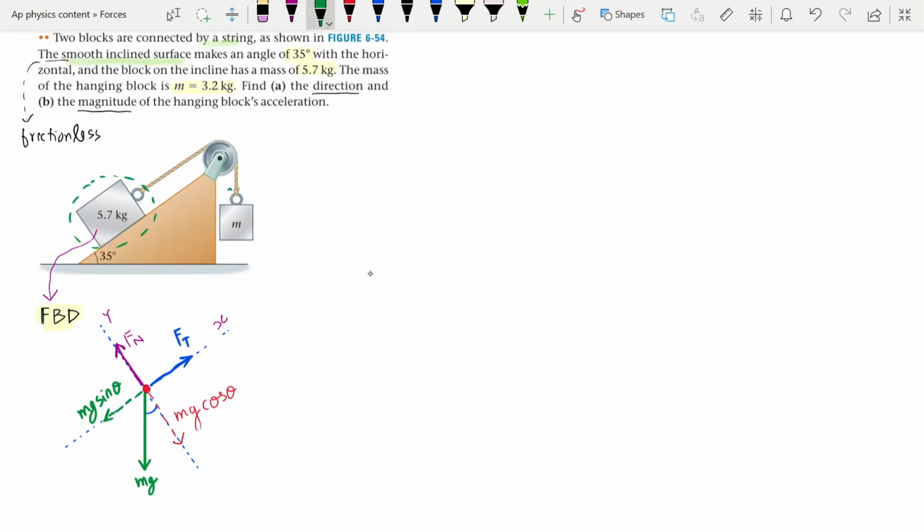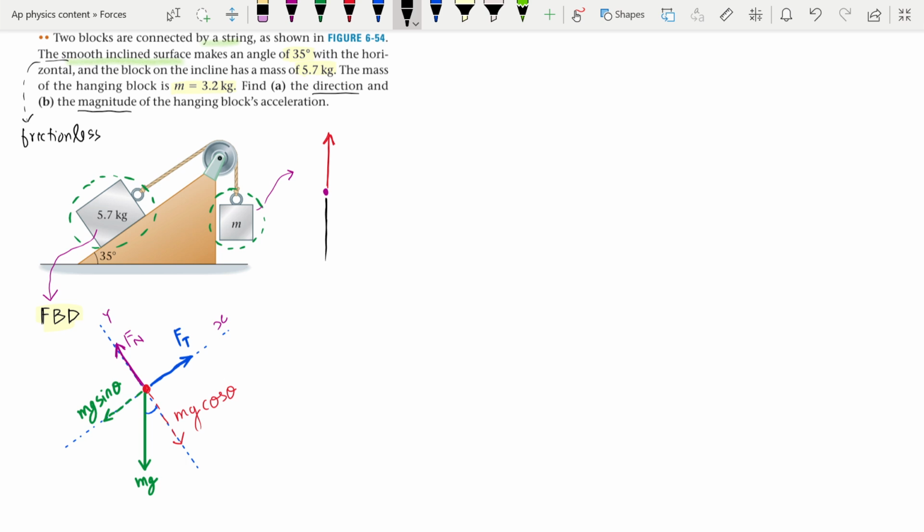Now let's draw the free body diagram of the hanging block, and we can see that there are only two forces exerted on it. If this is a block whose mass is 3.2 kilogram, one force is exerted upward, that is the same force of tension, which is also pulling the 5.7 kg up on the incline, whereas the other force is the weight.